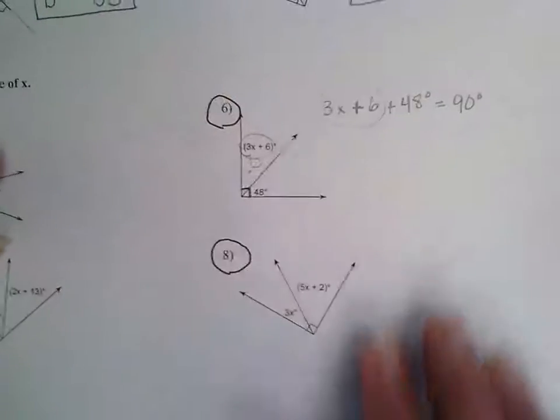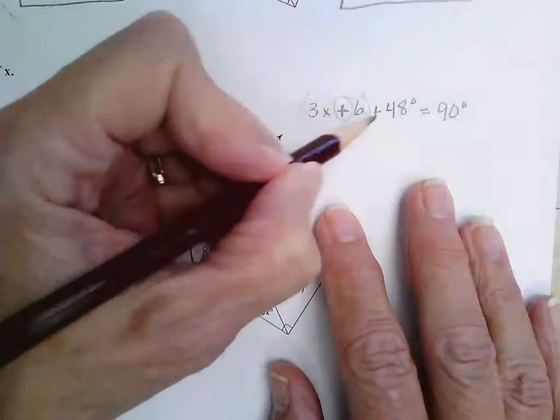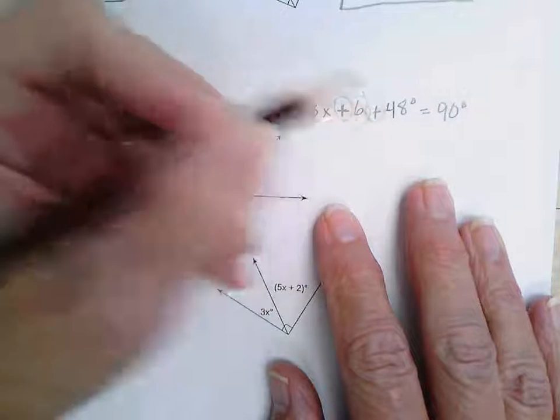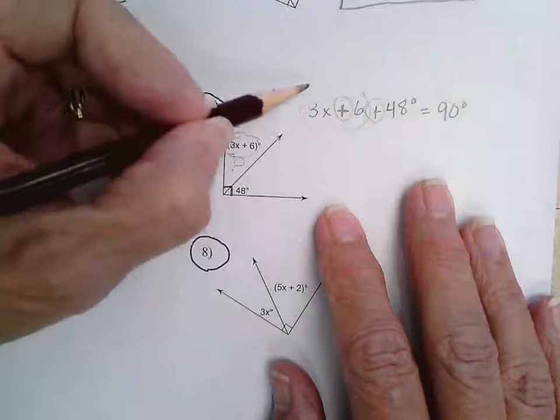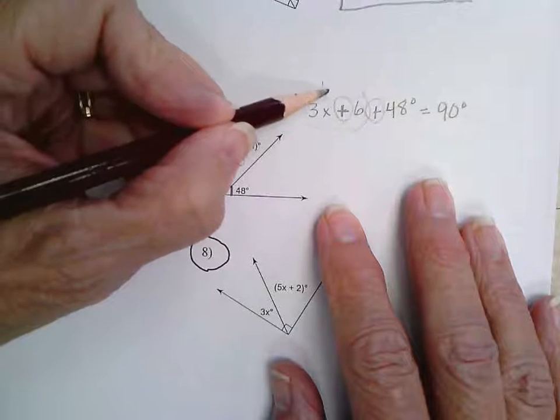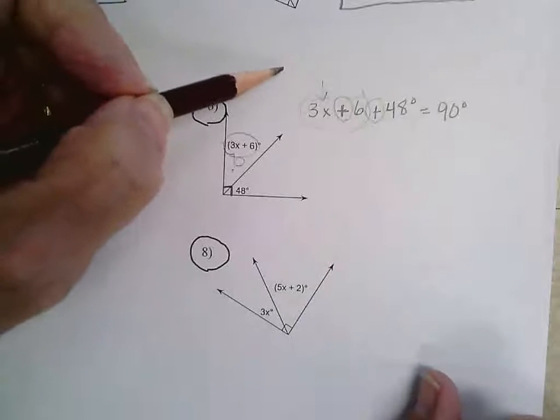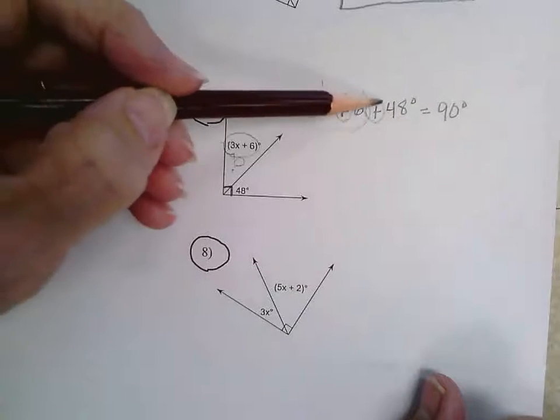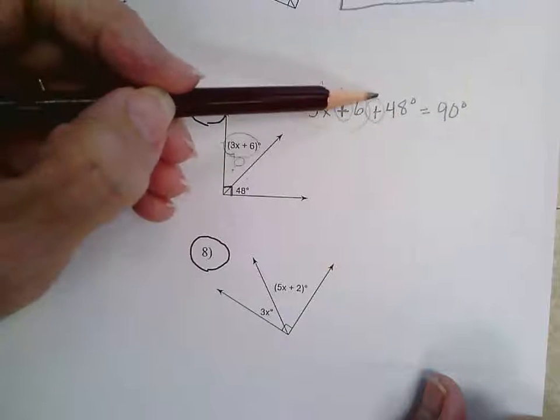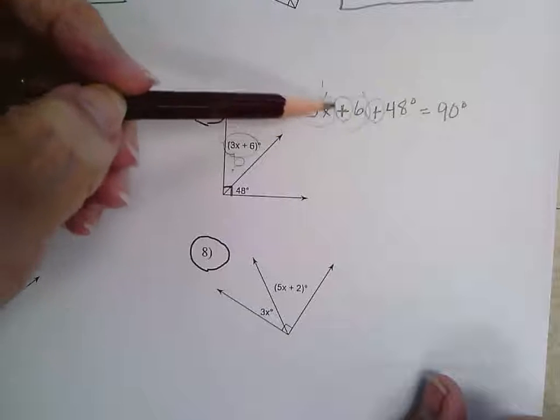Now, I can see that I have two plus signs here. I have a plus 6 and I have a plus 48. So if I want to get my variable, which is my x, isolated and by itself on one side, the first thing I'm going to do is look at what I am adding or subtracting to that variable.